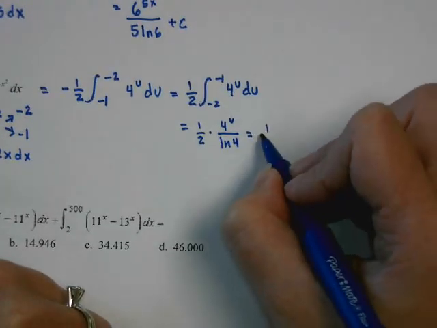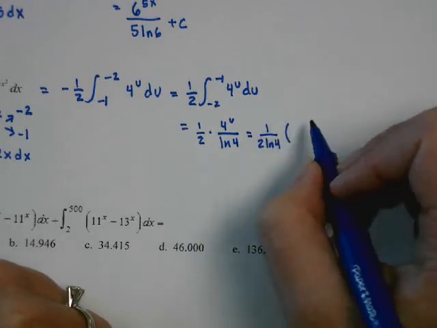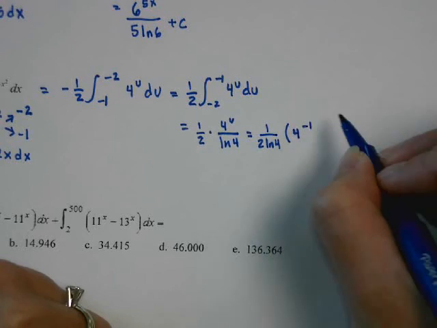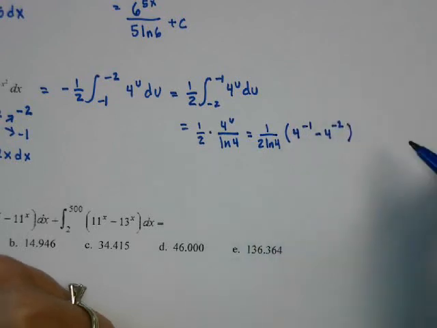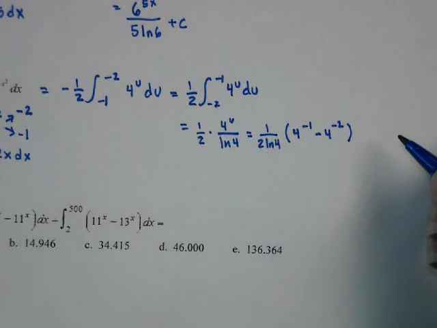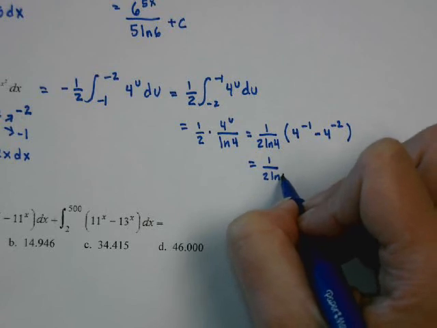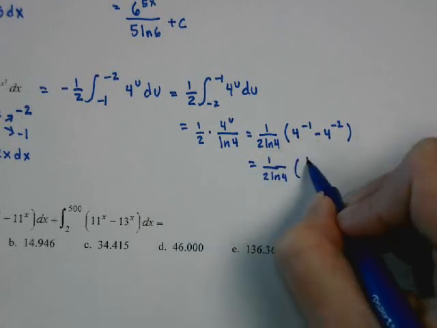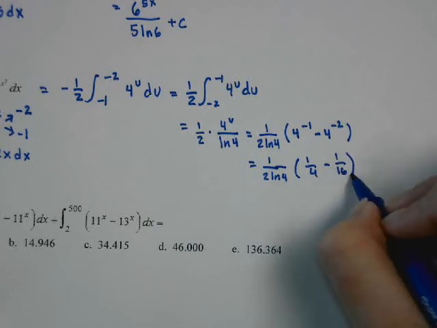So I'm going to have 1 over 2 natural log of 4, and then I'm going to have 4 to the negative 1 minus 4 to the negative 2.